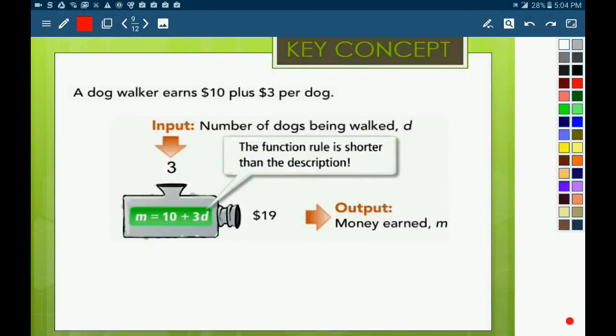All right, so the main idea that we've been practicing so far today is really just these function rules.